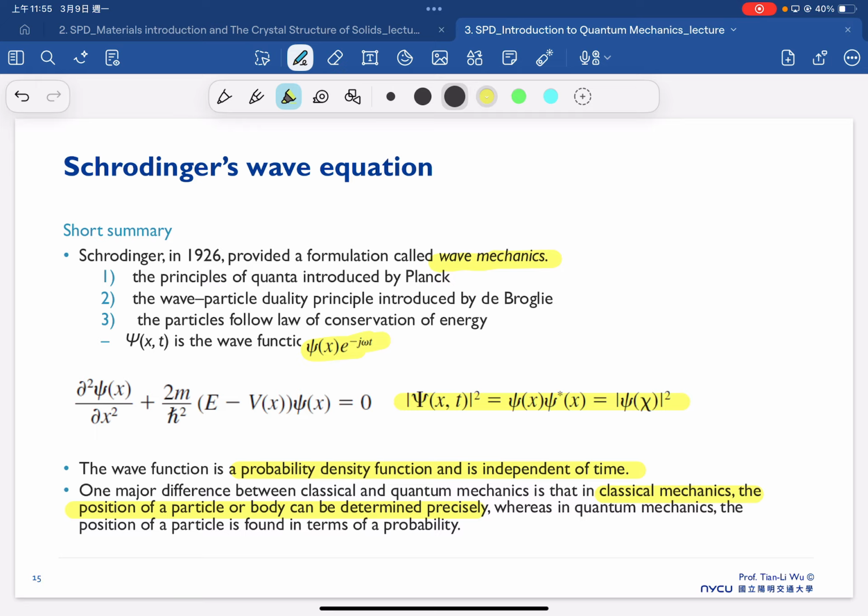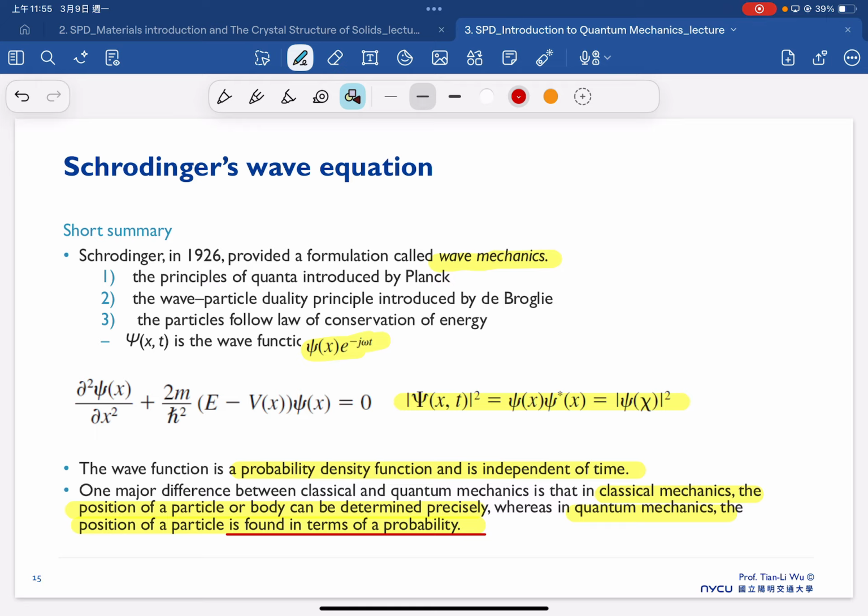However, in quantum mechanics, the position of a particle can be estimated only in terms of a probability. So this is one of the very important conclusions so far we learned from the wave equation.